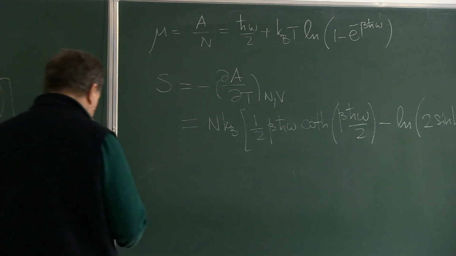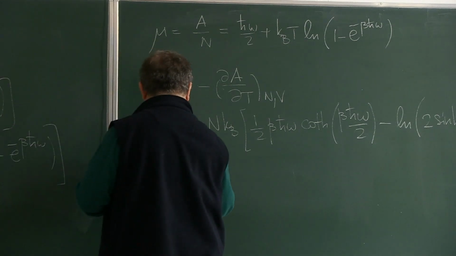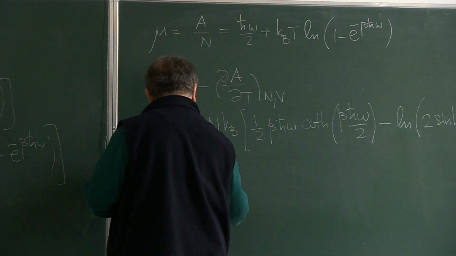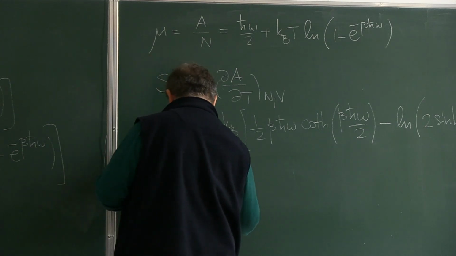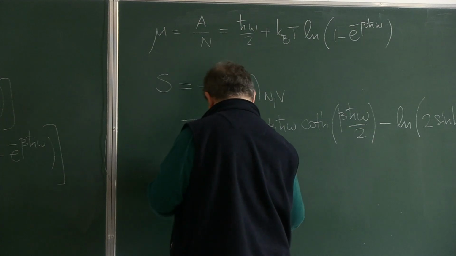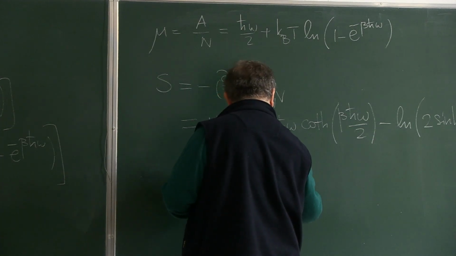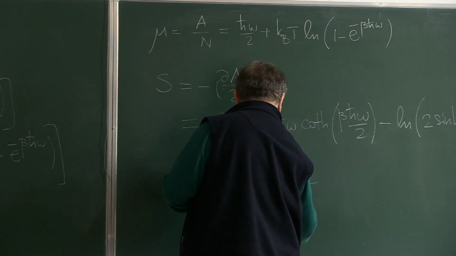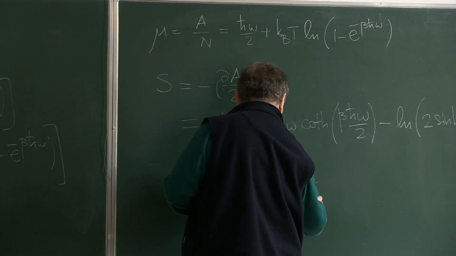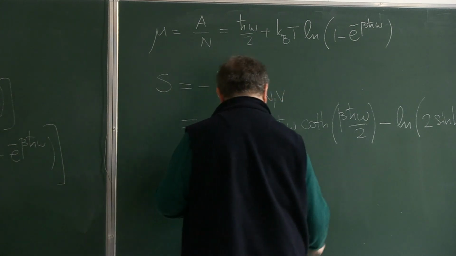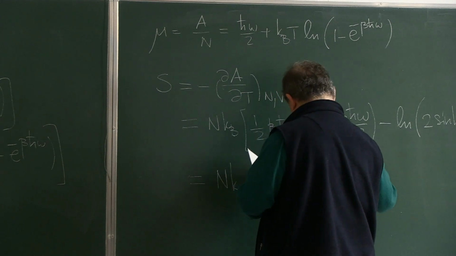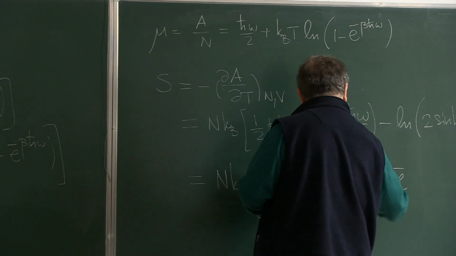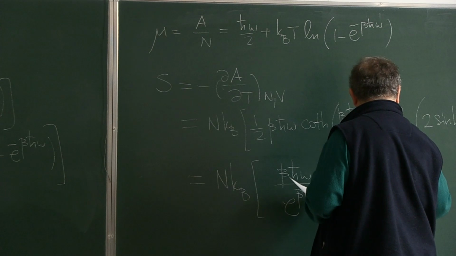Or using the equivalent expression, you can rewrite it as βħω/(e^(βħω) − 1) − ln(1 − e^(−βħω)).